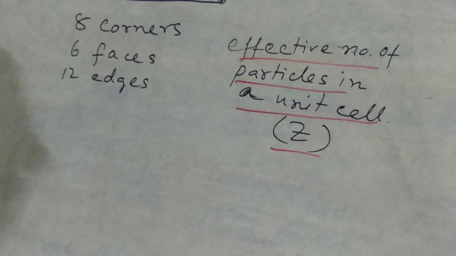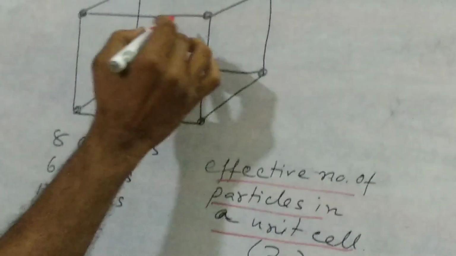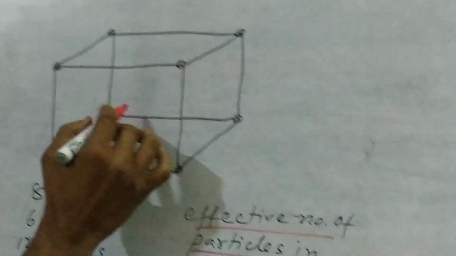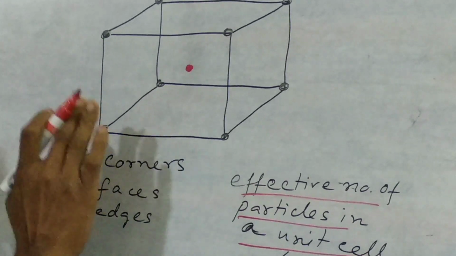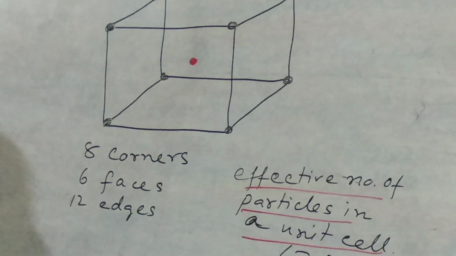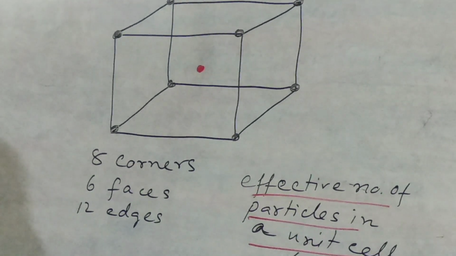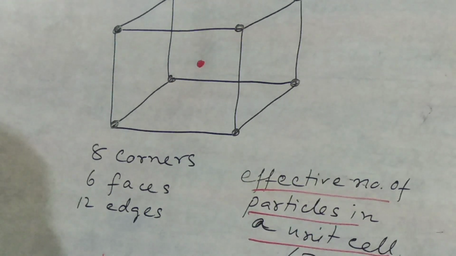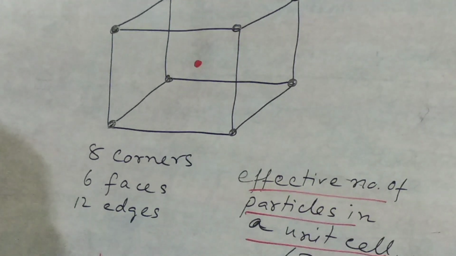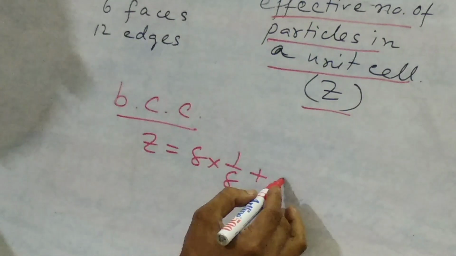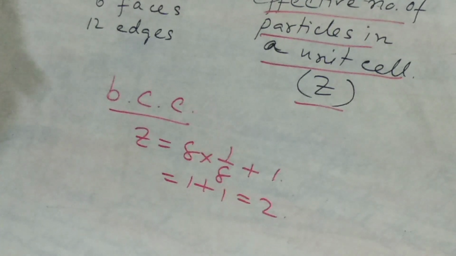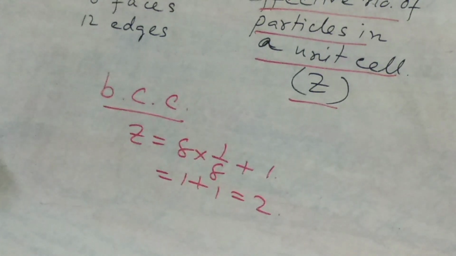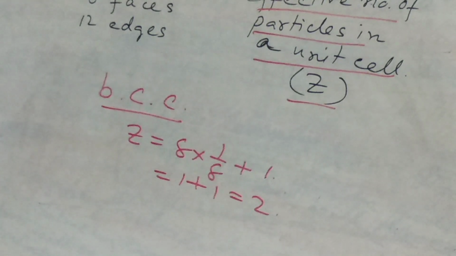In body-centered cubic unit cell, there are 8 particles at the 8 corners. In addition, there is a particle at the center of the cube, that is at its body diagonal, which is shared by no other cubes. That's why for BCC, the effective number of particles Z equals 8 into 1 by 8 plus its own particle 1, equals 1 plus 1 equals 2. So, in body-centered cubic unit cell, there are 2 effective particles.